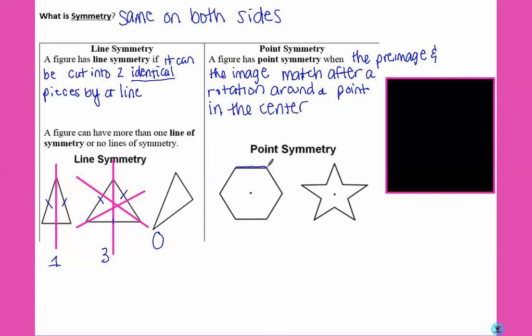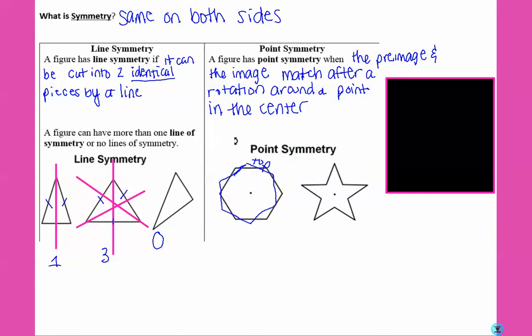I'm going to trace my hexagon here. I'm going to mark that this was the top. Okay? Let's see if I can rotate this and have it line back up.